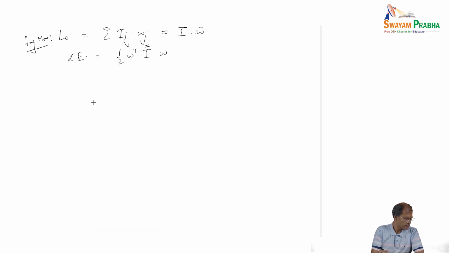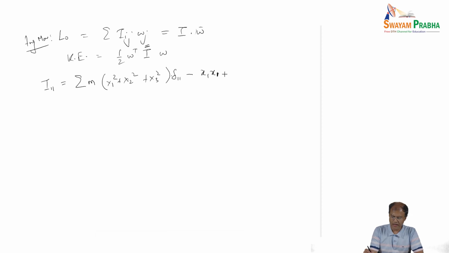Okay, so then if we look at the 11 element of this inertia tensor, I11 is m times x1 square plus x2 square plus x3 square, delta 11, minus x1 x1, and we see that this comes out to be nothing but summation m times x2 square plus x3 square, right?